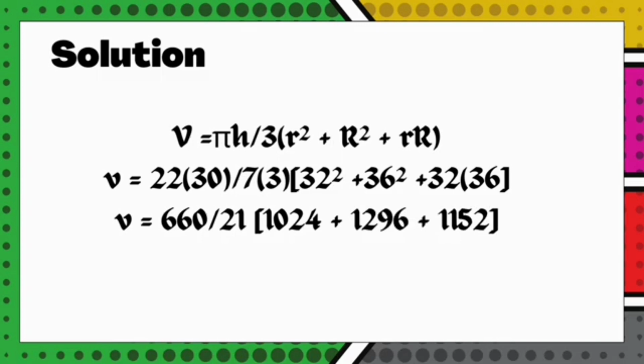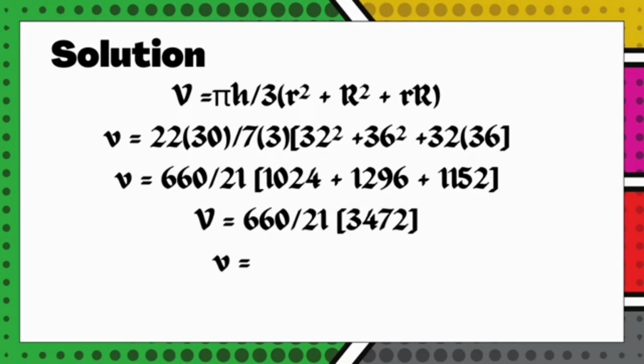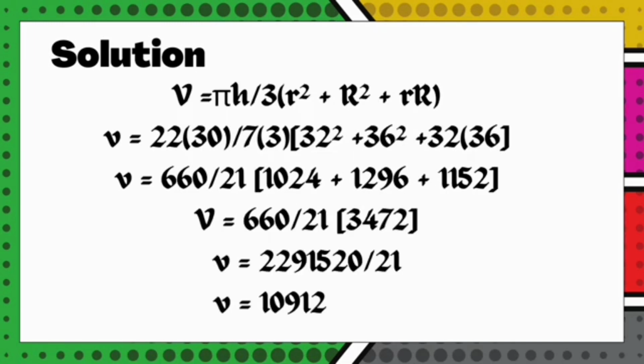That will give 22 divided by 7 times 30 centimeters divided by 3, multiplying 32 centimeters squared plus 36 centimeters squared plus 32 centimeters times 36 centimeters. From calculation, the volume of the bucket, which is the frustum of a cone, is 109,120 centimeters cube.